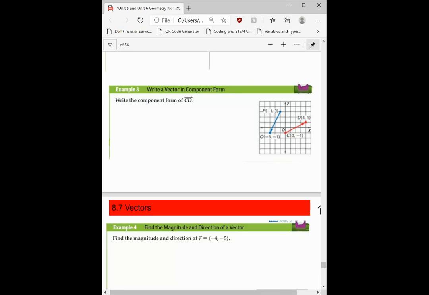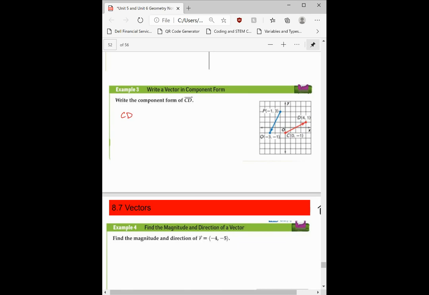We're going to write the component form of CD. To describe a vector with any initial point, you can use the component form, x, y, which describes the vector in terms of its horizontal component x and its vertical component y. To write the component form of a vector with initial point x1, y1 and terminal point x2, y2, we have to find x2 minus x1 and y2 minus y1.